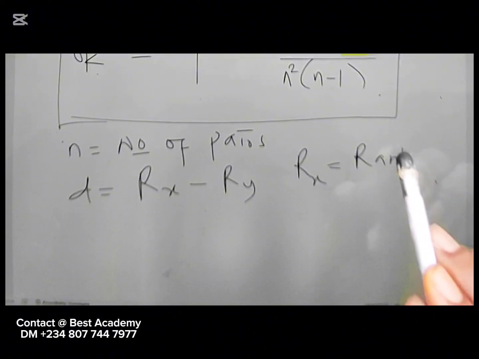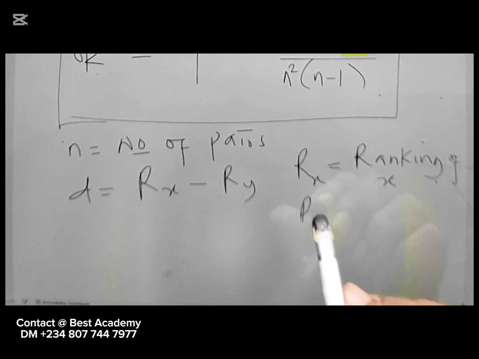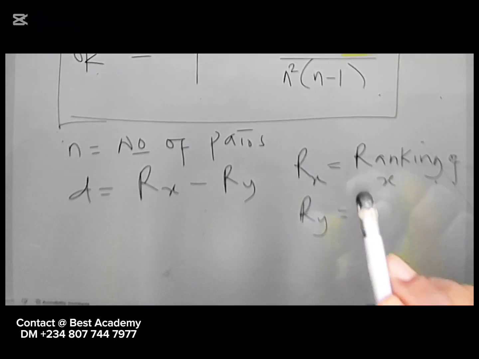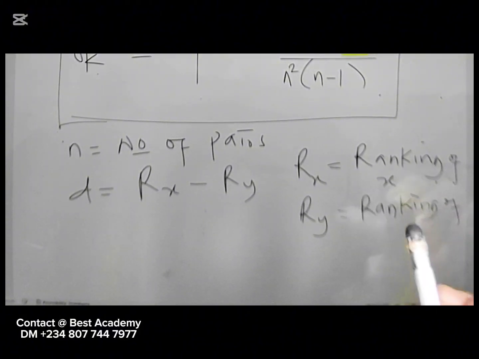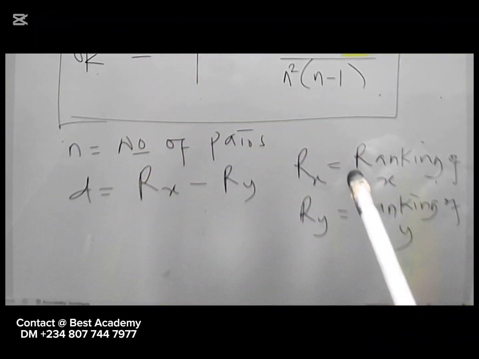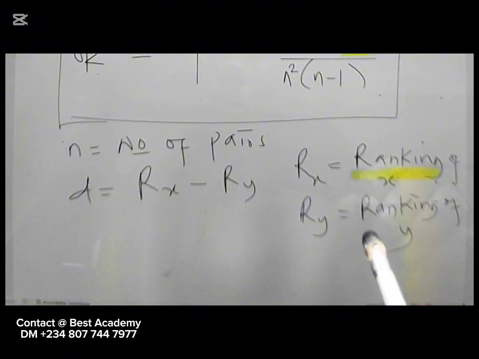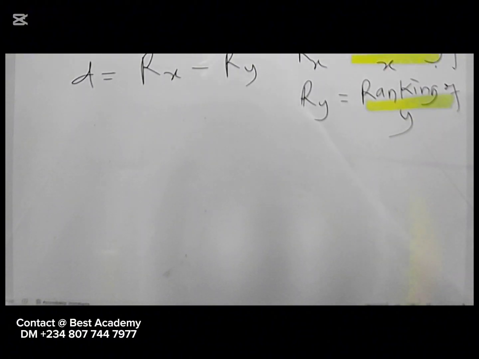While R of y simply means ranking of y. So giving s a position is ranking of s, while giving y a position is ranking of y. We are going to learn how to solve this by the ranking method. Okay, so we have known what all the parameters are, so let's try to solve an equation here in order to perfect this particular correlation.